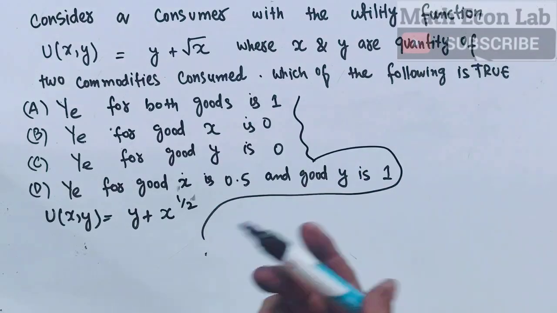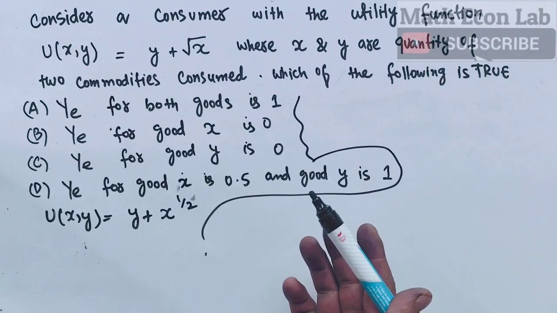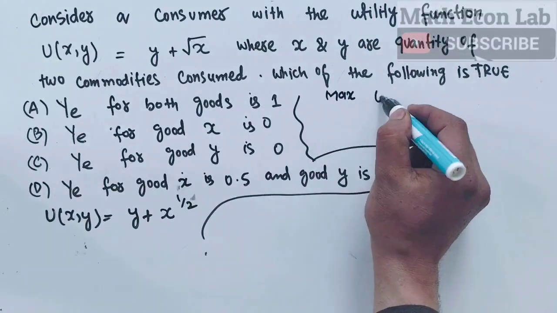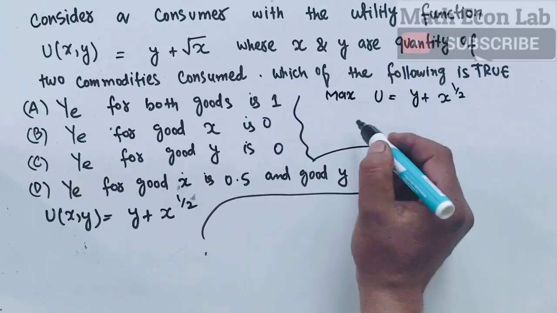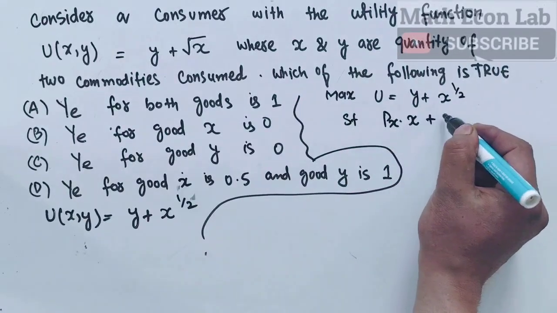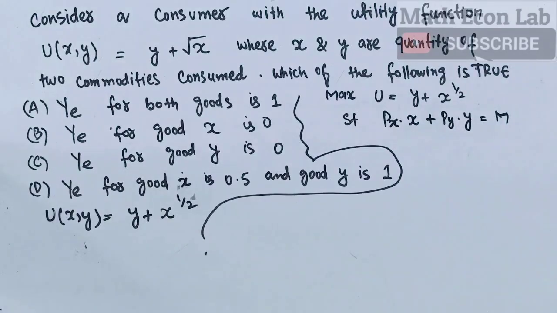Then we can find out the income elasticities. Okay, so our endeavor is to maximize utility, which is equal to y plus x raised power 1 upon 2, subject to the budget constraint, that's price of x times units of x plus price of y times units of good y should be equal to the income of the consumer.